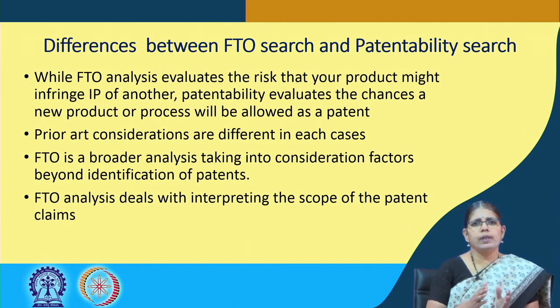There are differences between the FTO search and patentability search, because essentially if you look at it from the point of view of prior art considerations, in the case of FTO it is granted patents.